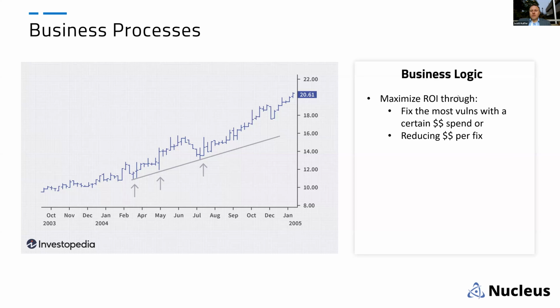How that translates into the vulnerability management space is: how can we fix the maximum number of vulnerabilities with a certain amount of money? If I spend $1,000, how many vulnerabilities can I fix in that time? Or how expensive is it to fix each individual vulnerability so that I can start doing this modeling at a higher level? You see a lot of different frameworks around this, right? There's this FAIR model that people are trying to adapt to vulnerability management.